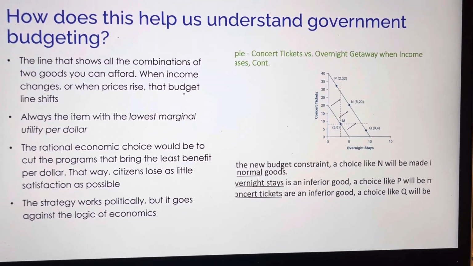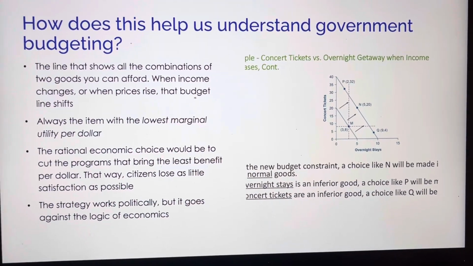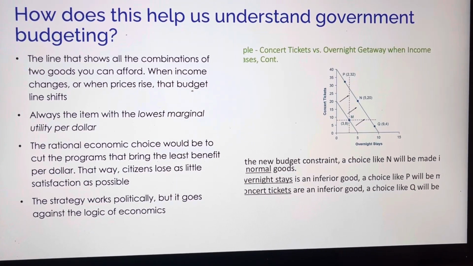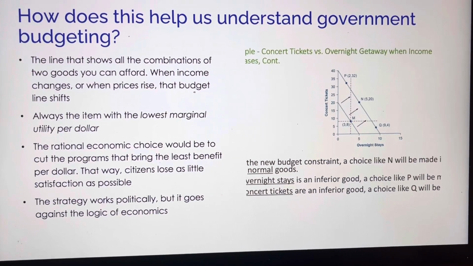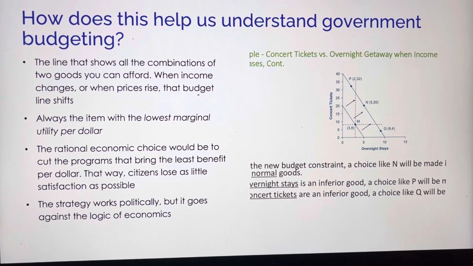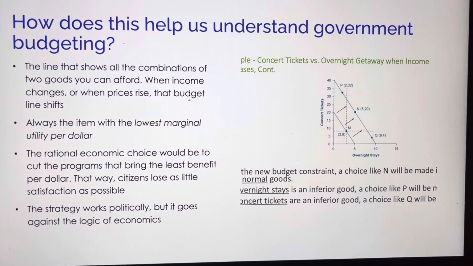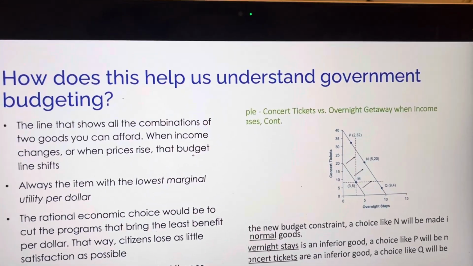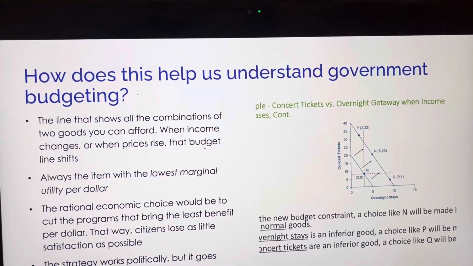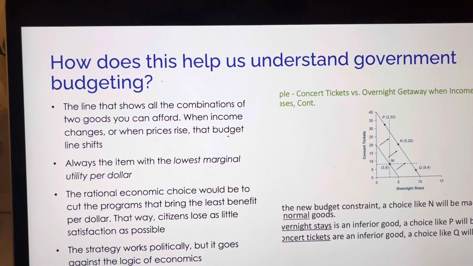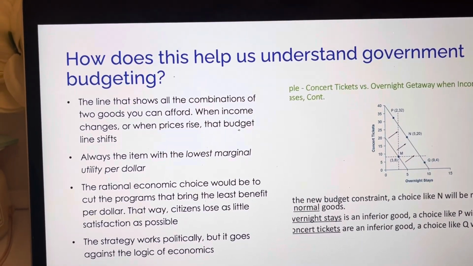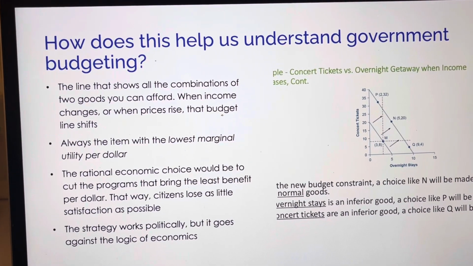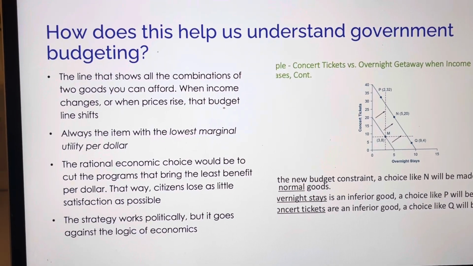So, class, think of your own spending. If you have $20 to spend on snacks, the first slice of pizza gives you a lot of happiness. But by the fourth or the fifth, the benefit is much smaller. If you had to cut back, you'd cut the last slice, not the first one. That's rational budgeting. But in politics, agencies sometimes reverse this logic.